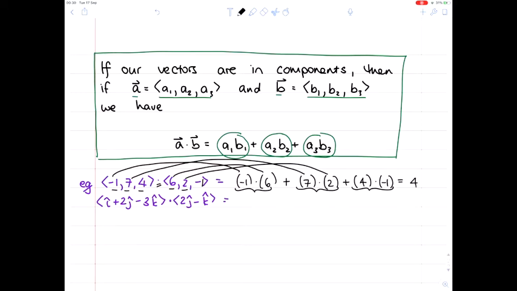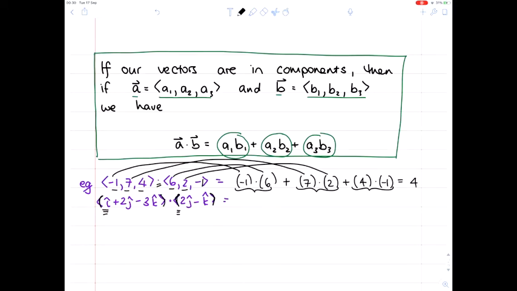And we can do exactly the same thing if we have our vector expressed in ijk notation. So I shouldn't have had square brackets, they should be round brackets. Well, again, we can just look at this and say, I'm going to take the coefficient of the i component in our first vector and multiply it by the i component in the second vector, which is 0.